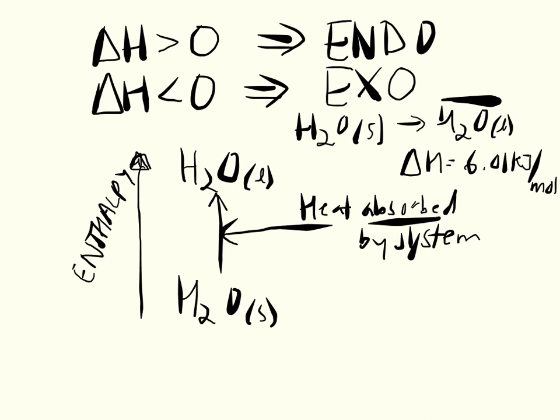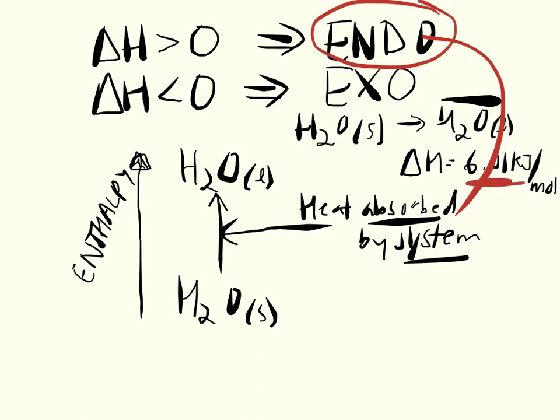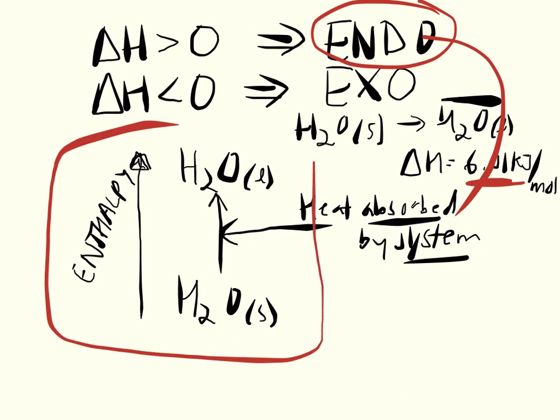Since heat is absorbed, the system is gaining heat. That makes sense, since this is an endothermic reaction, and since delta H is positive, it's an endothermic reaction. So if you see a diagram that looks like this, don't be afraid. All it's showing is the relative amounts of enthalpy in the two states, in the products and in the reactants.